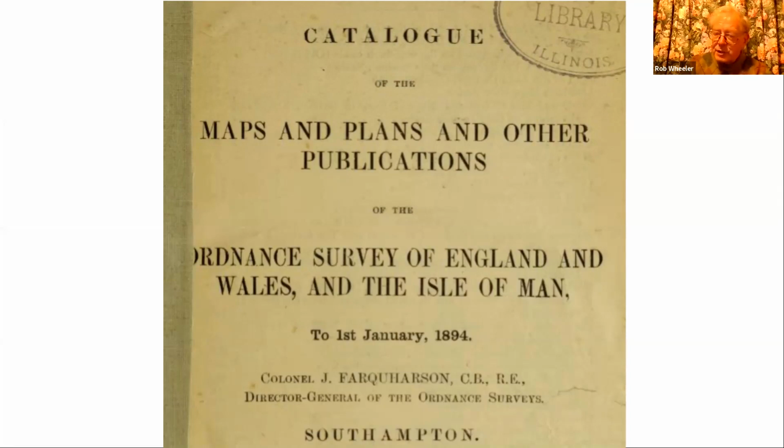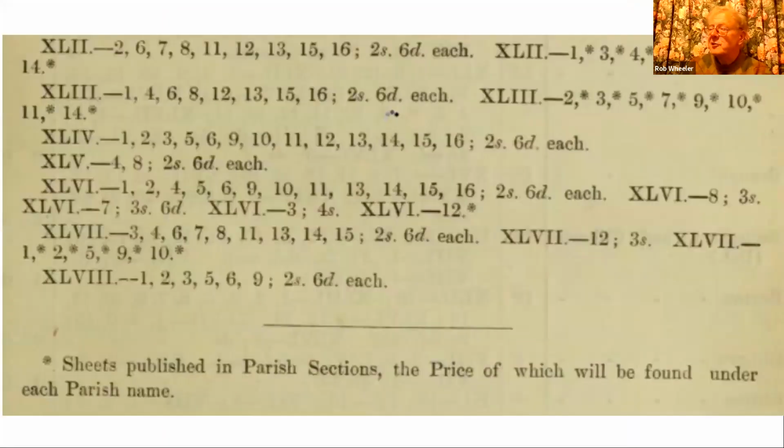In fact, such a position was handled by an asterisk, meaning that the sheet was published in parish parts, and anyone wanting the price should look for the parish they were interested in within the second list. So the answer seems to be look for asterisks.